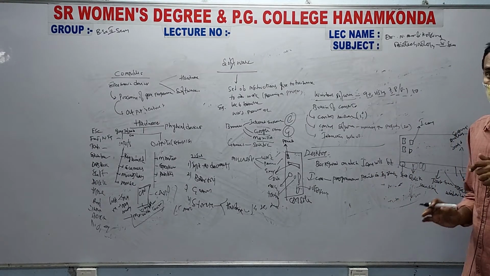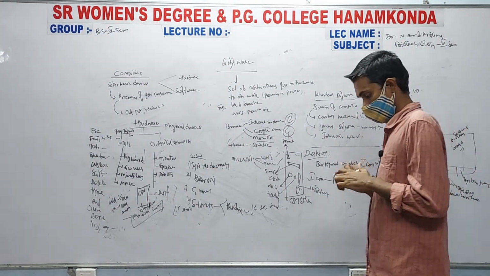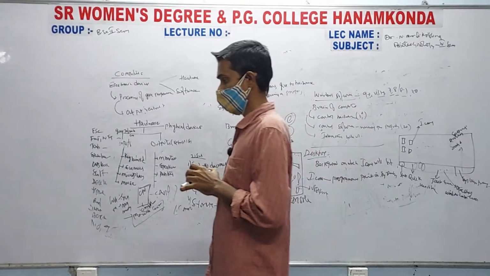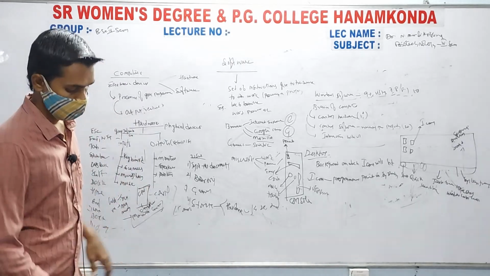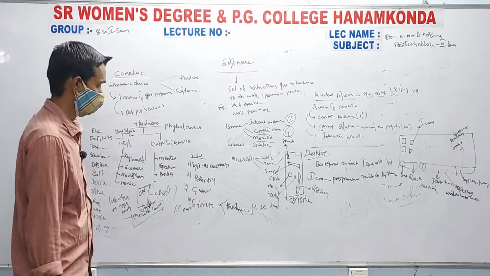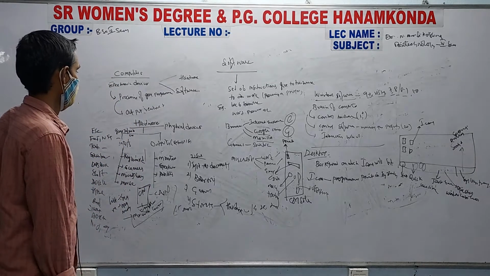So the central processing unit is also called the console, which connects the inputs and outputs of the computer.